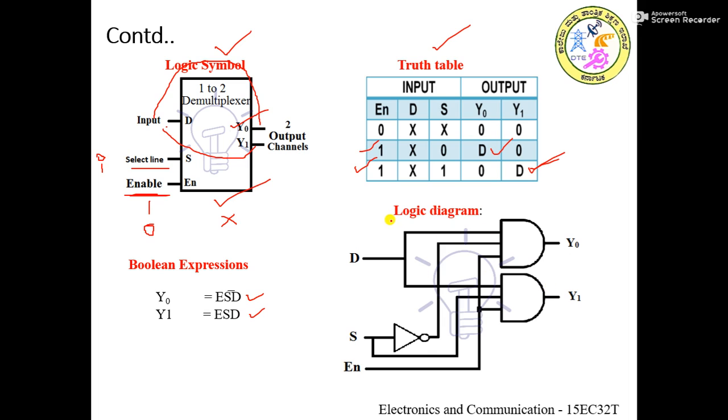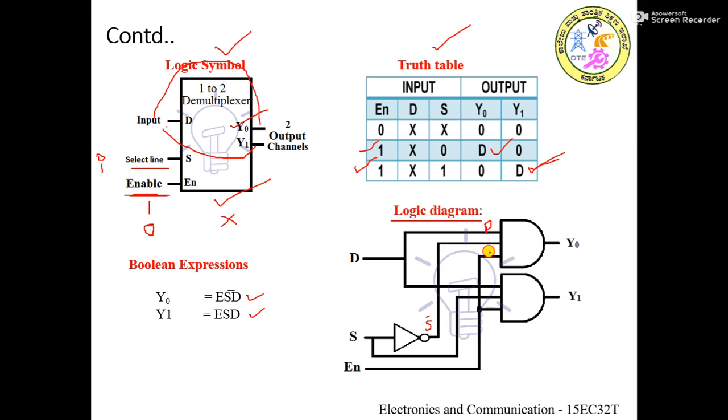So this is the logic diagram. You can see enable, S and D. Here D will appear, and this is S, and if you invert this it will become S bar. So S bar will come here. Then this is an enable pin which is common to these two AND gates.